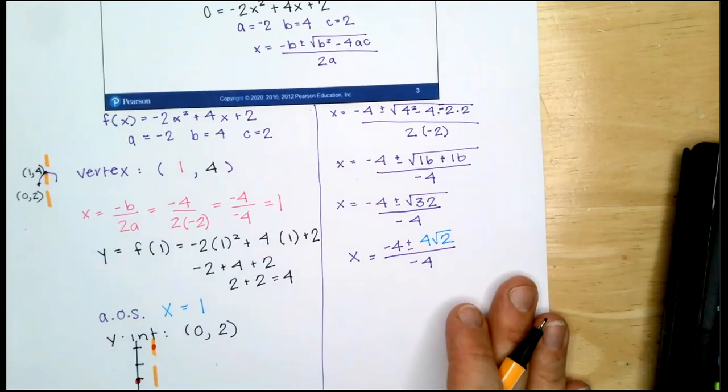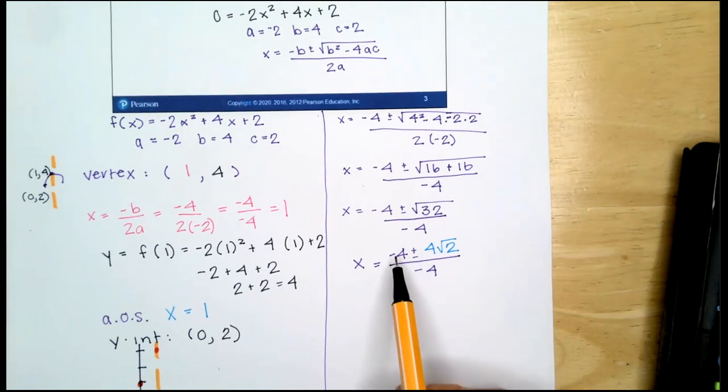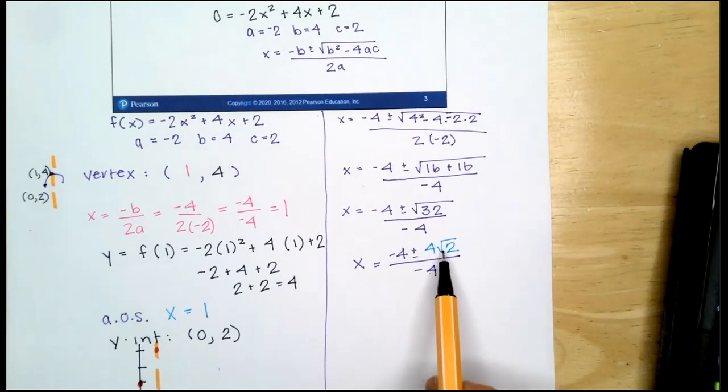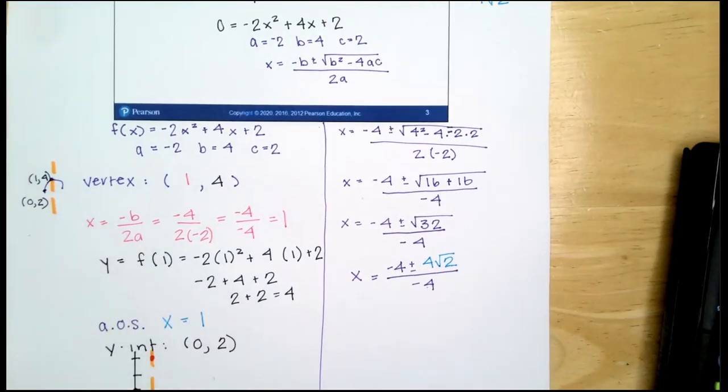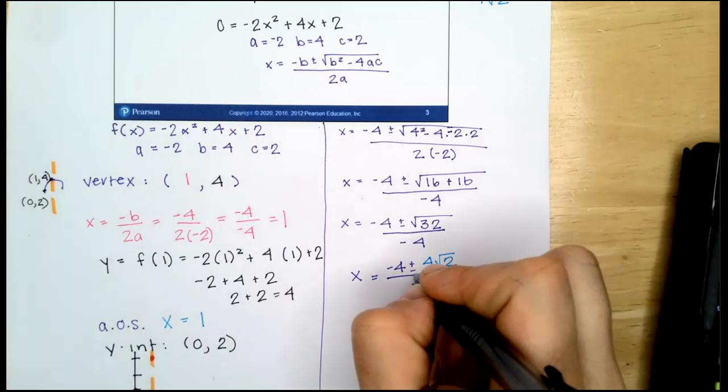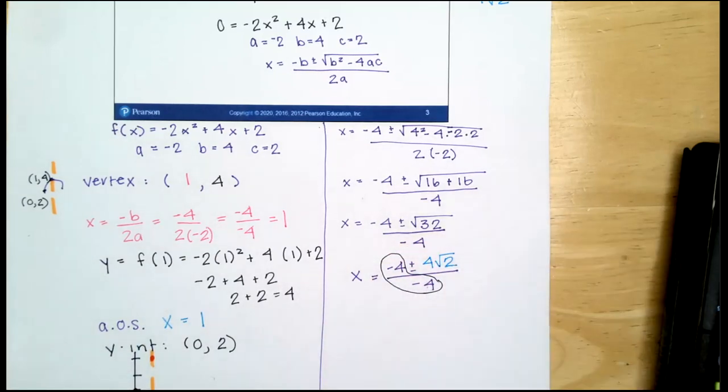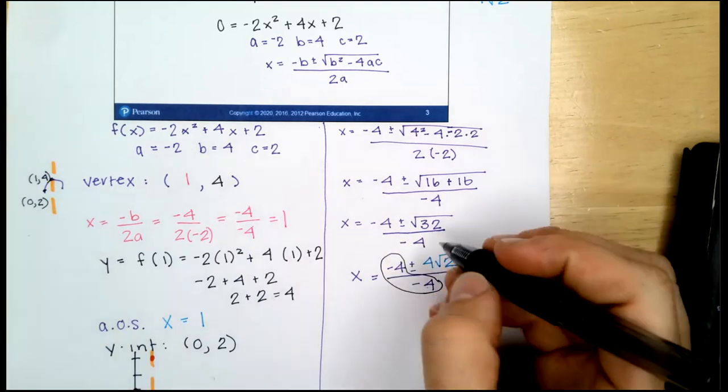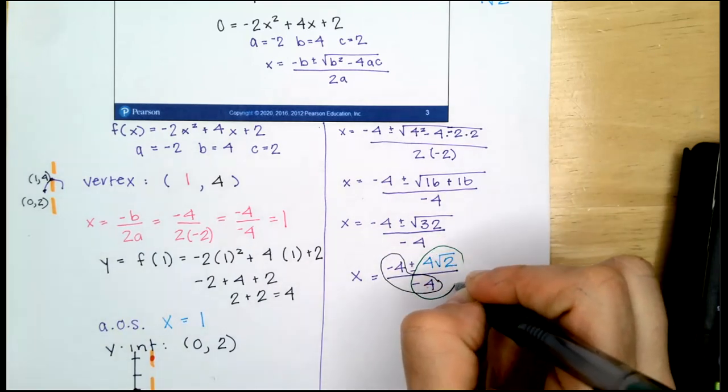And now we see that we can divide. We have a -4 and a -4, a 4 square root of 2 and a -4. So -4 divided by -4 and 4 square root of 2 divided by 4 square root of 2.